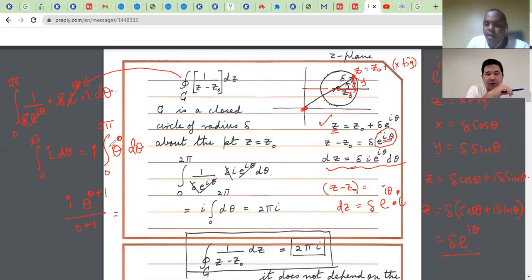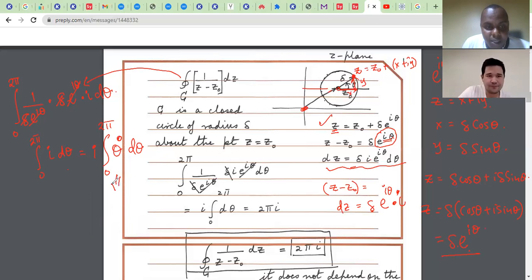So in this case, the power is 0. Remember, this is the integral. Sorry for the interruption. So n is the power, right?